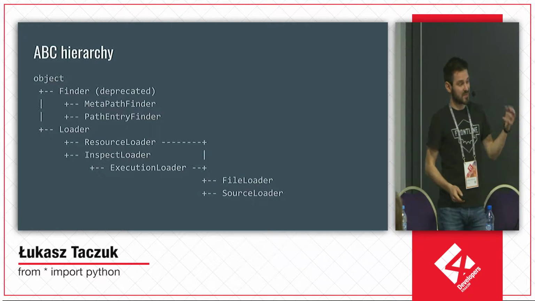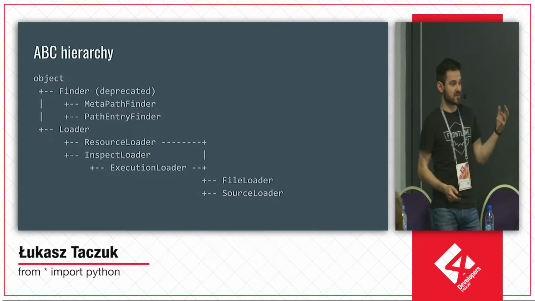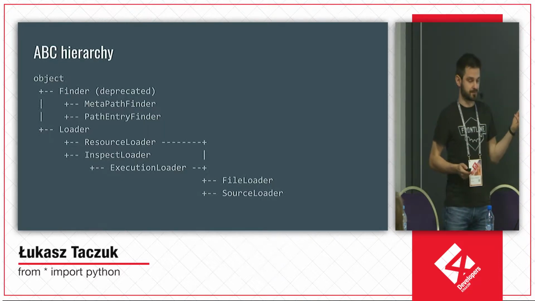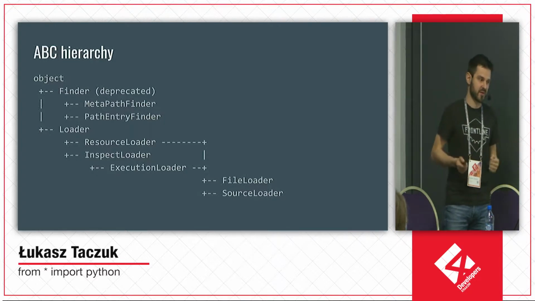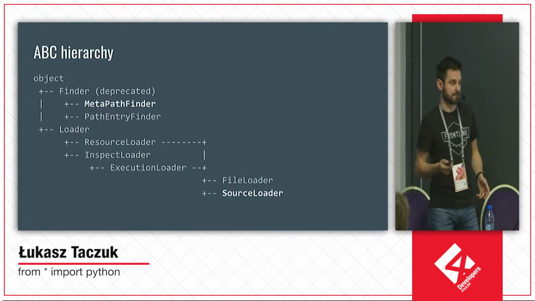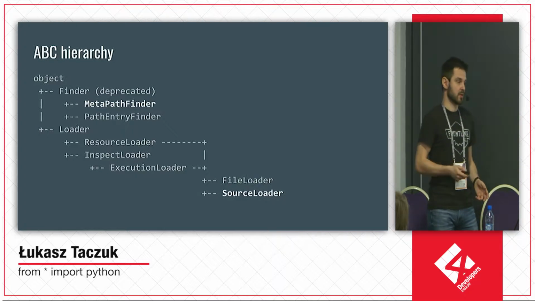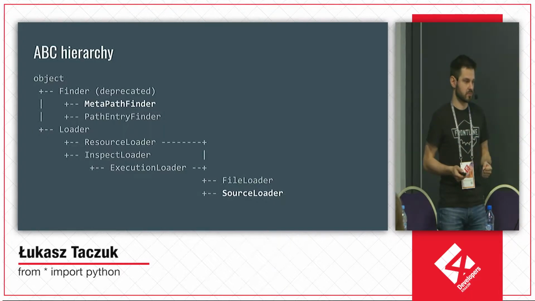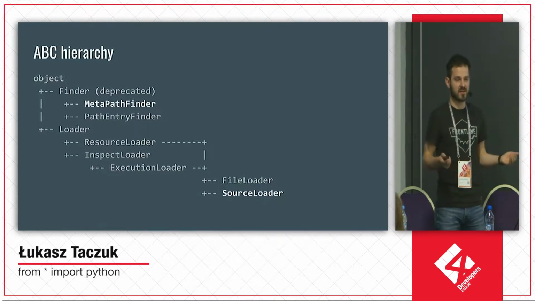What ABC contains is a few finders and loaders that we can reuse, that we can derive from to create our perfect finder and loader, which will become an importer. The two objects that we want are the MetaPathFinder and the SourceLoader, because with them we have the least amount of work to do if we want to make our own importer.